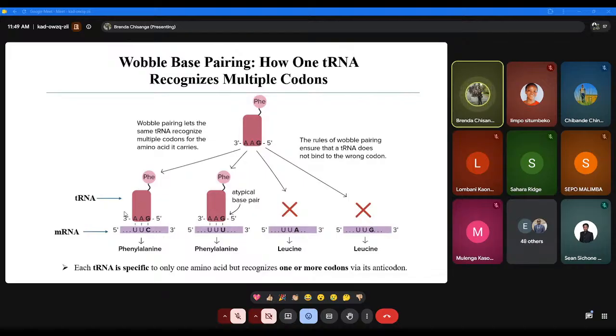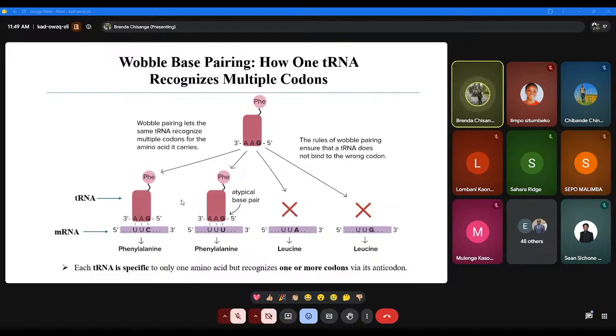Like what you can see here, phenylalanine. If on the mRNA you have UUC, the tRNA that comes to the ribosome must be carrying a phenylalanine. But we can also have the same tRNA coming in when the codon is UUU. Why? Because the first two positions must match for this to happen.